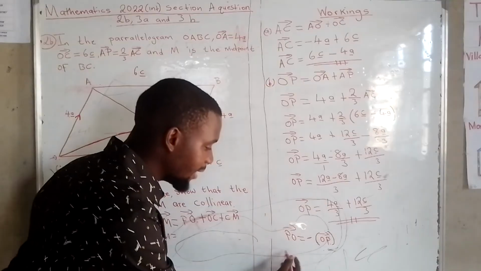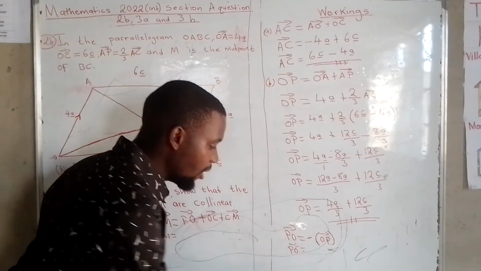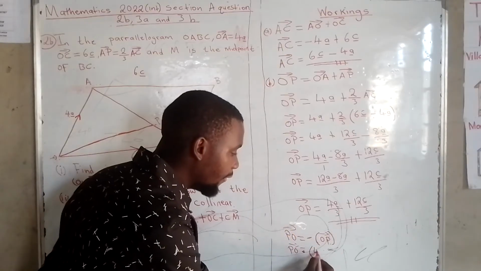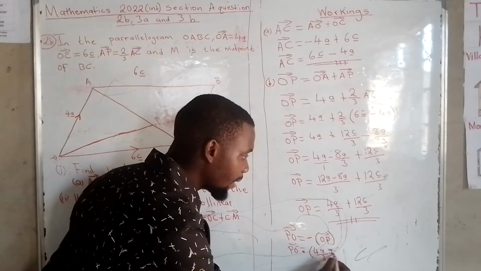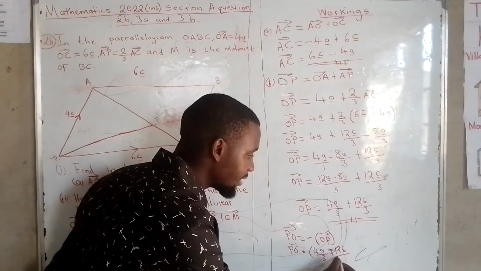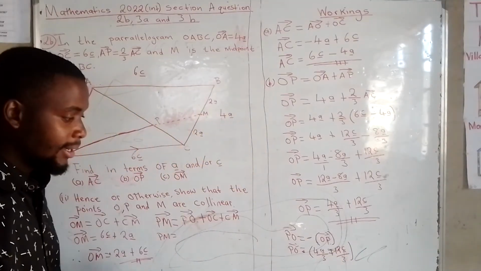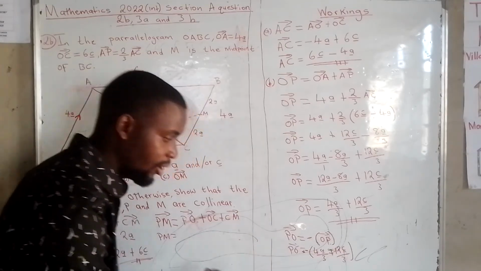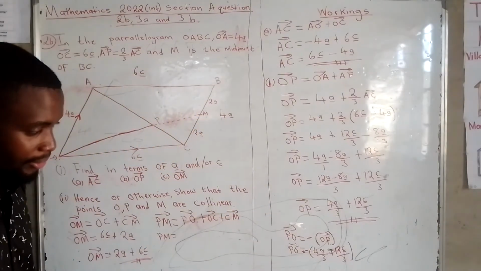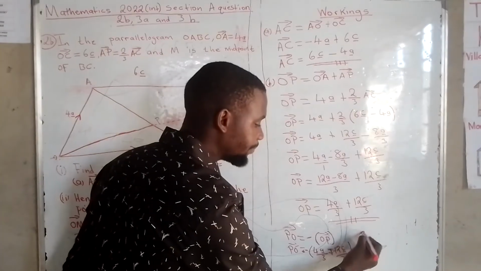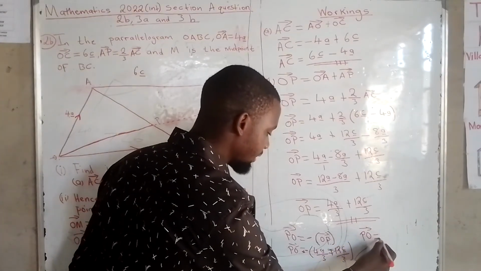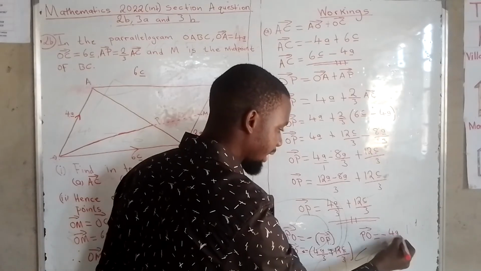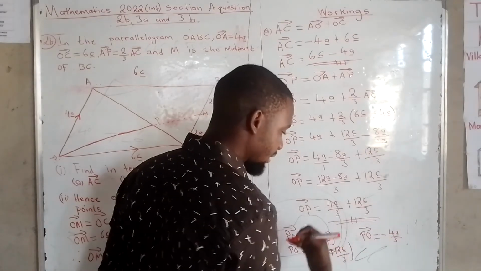So if you want to find PO, you will say PO is equal to negative of OP. OP is 4 vector A over 3 plus 12 vector C over 3. Then get rid of the brackets. There's a negative, mind you, here. So multiply throughout using a negative, so that PO is equal to negative by positive, which becomes negative 4 vector A divided by 3.